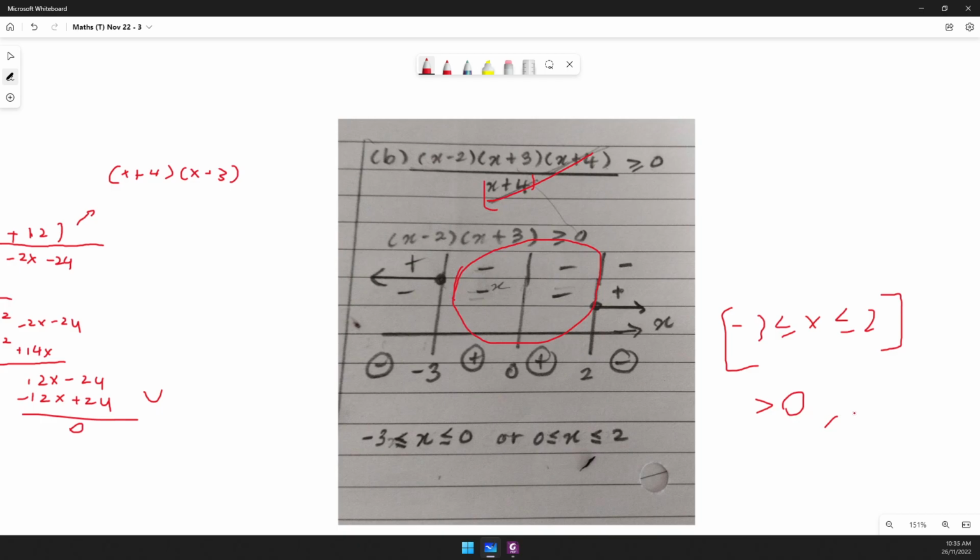The range normally will be x is more than 2 or x is less than 3. If lesser than 0, it will be only one range, like x is between 2 and 3. Oh, okay, I understand what you mean.